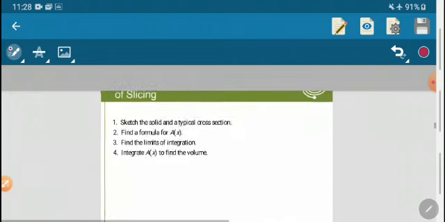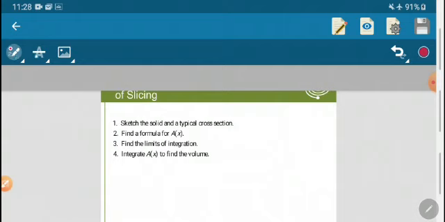First, how to determine the volume: sketch the cross section, find the formula of the function, which is the area, find the limits of integration, integrate, and define the volume.